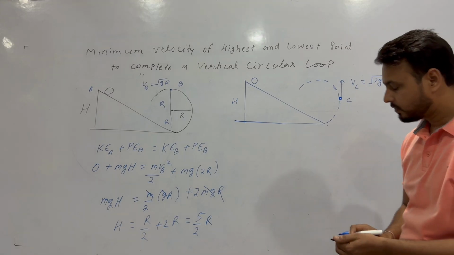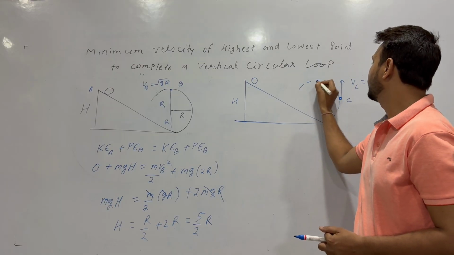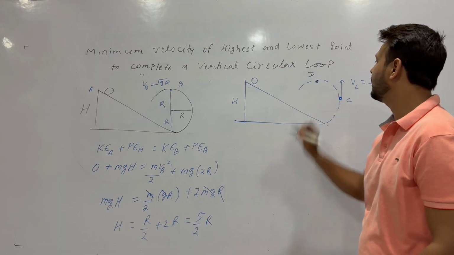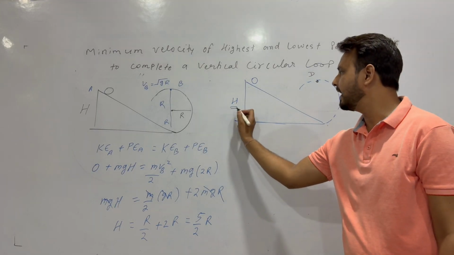Now we have to find out the velocity at this point, which is point D, and also we have to find the value of h.